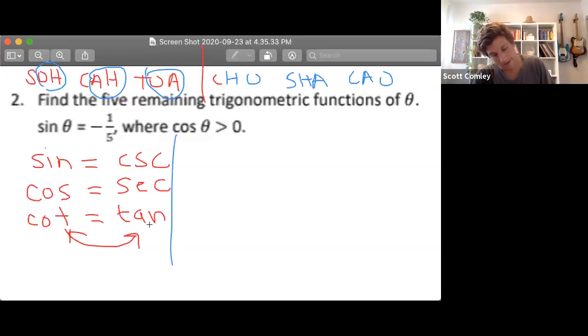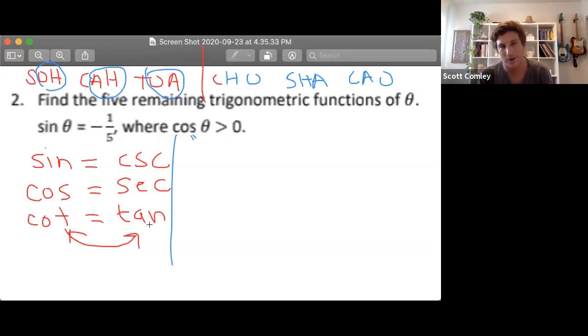So let's now look at the question they've given us. Find the 5 remaining trig functions of theta. They tell us that sine of theta is -1/5, and cosine is greater than 0.